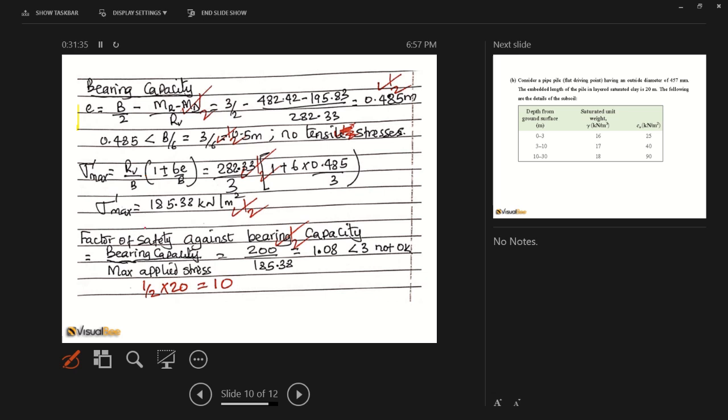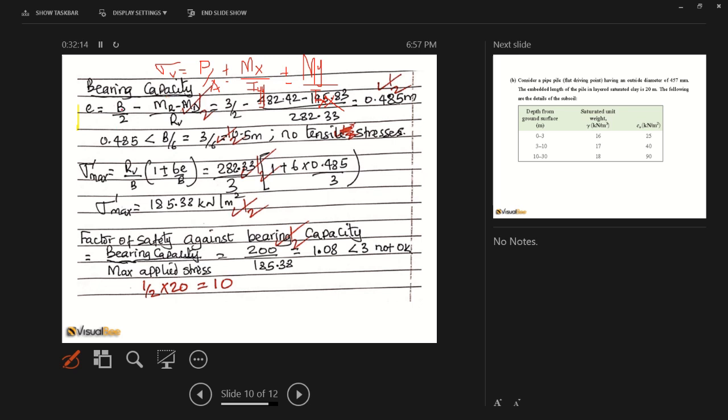And the bearing capacity. This equation actually comes from sigma v equals, you can revise your own mechanics, plus or minus M_x over I_yy, or plus or minus M_y over I_x, and you can prove this from mechanics very easily.